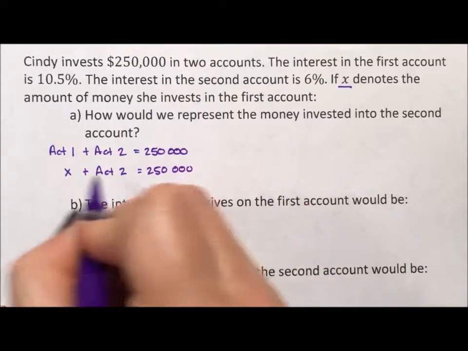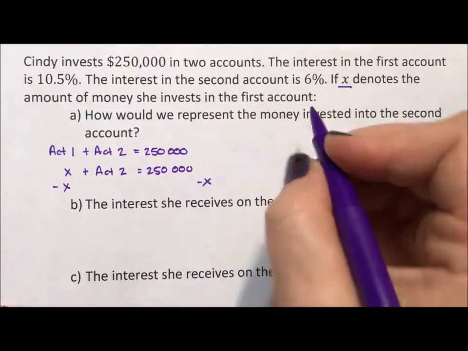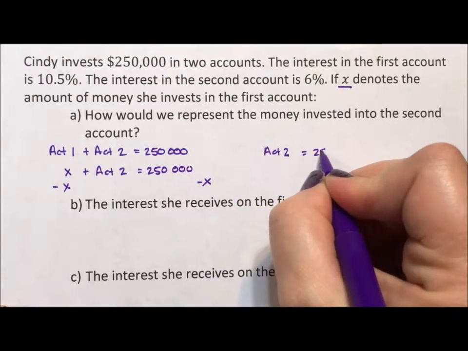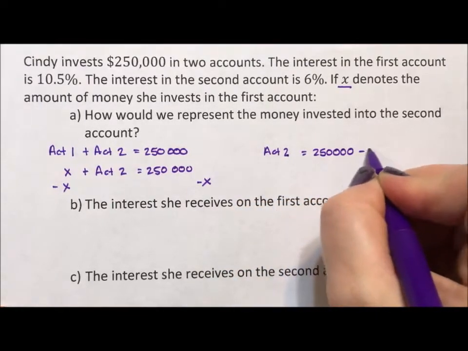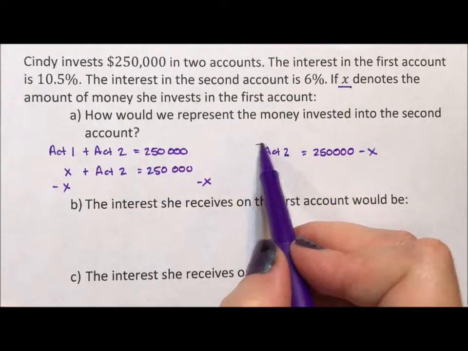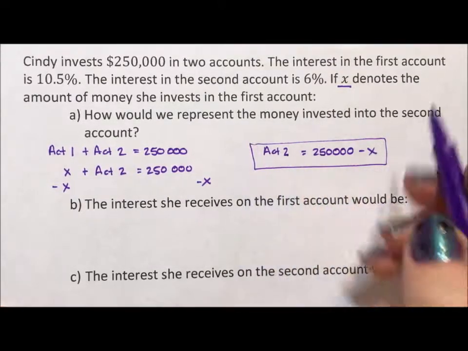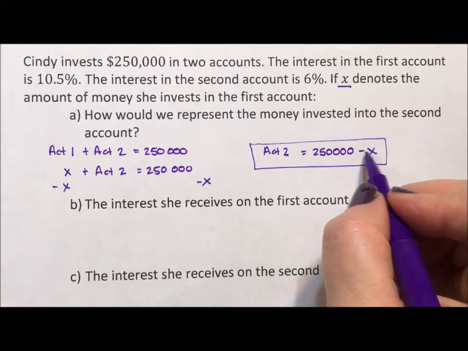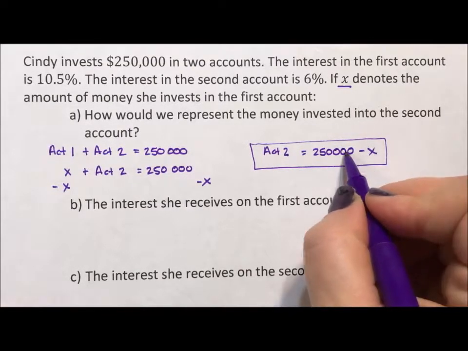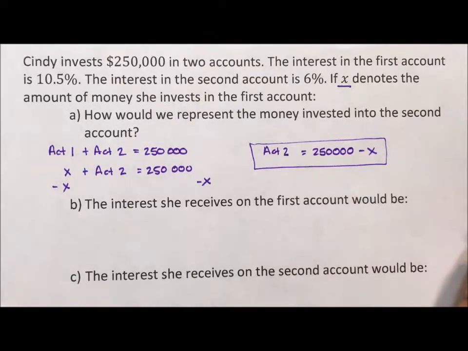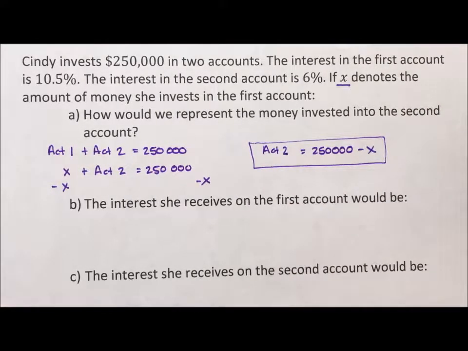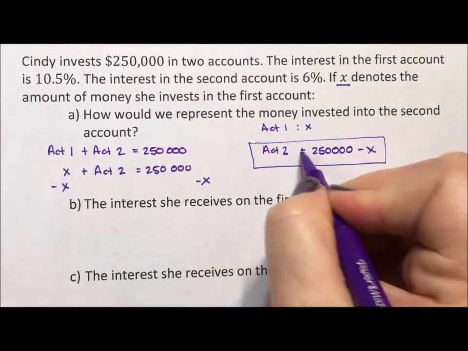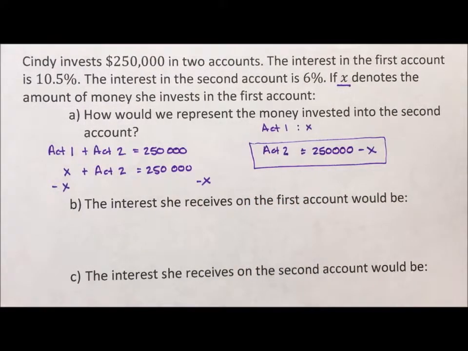So if we want to know how much is in the second account, we subtract that X over and find out that account 2 is going to equal $250,000 minus X. This makes a lot of sense because if you're putting into two accounts, whatever you put into the first account, you subtract for what you put into the second. Okay, so now we know the amount on each account. Account 1 is X, account 2 is $250,000 minus X.